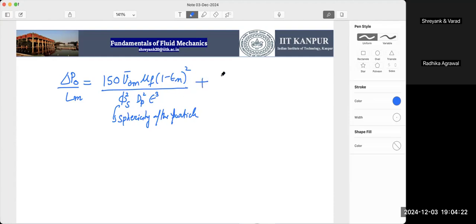plus 1.75 into rho, the density of the fluid, into 1 minus epsilon m divided by phi s, and dp is the diameter of the particle, into epsilon cube.